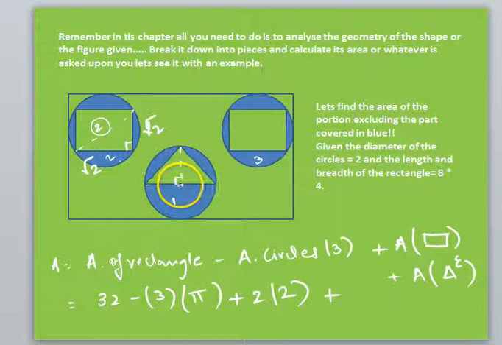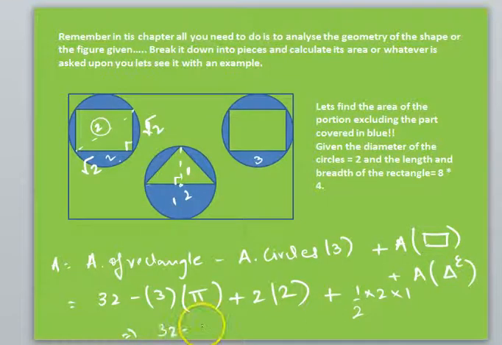Therefore, the height is equal to the radius, so the height is equal to 1 and the base equals the diameter, so it is 2. Therefore, it is half base, that is 2, into height 1. So we get 32 minus 3 pi plus 4 plus 1. Therefore, 32 plus 5 gives me 37.